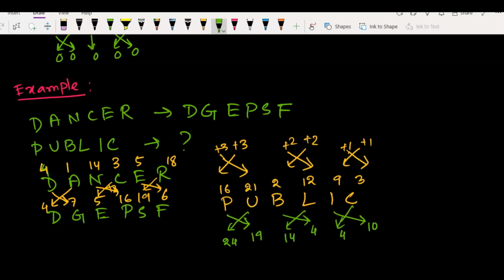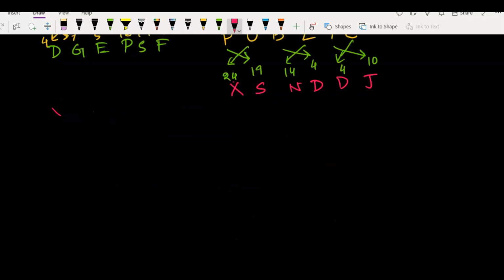So we have 24 means X, 19 is S, 14 is N, 4 is D, and J is 10. So the answer is X, S, N, D, D, J.